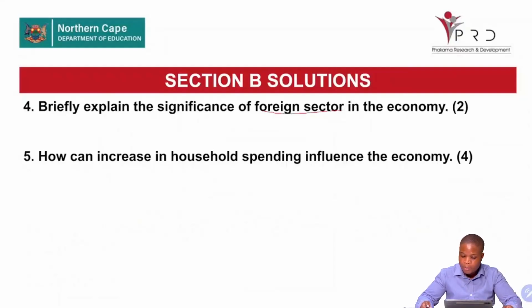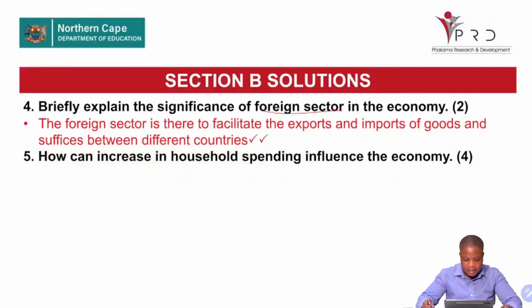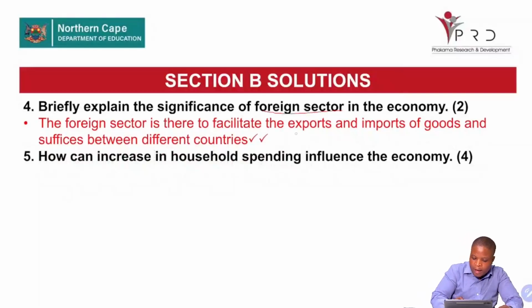So it is important because we can get money from export earnings, and also we can buy things that we don't have. The foreign sector is there to facilitate export and import of goods and services between the different countries, right? So it makes us able to import and export goods between countries.